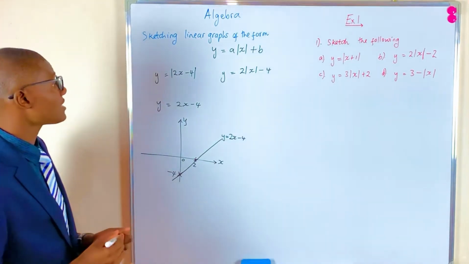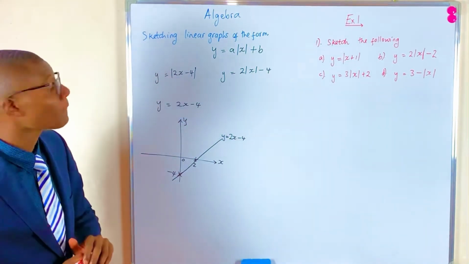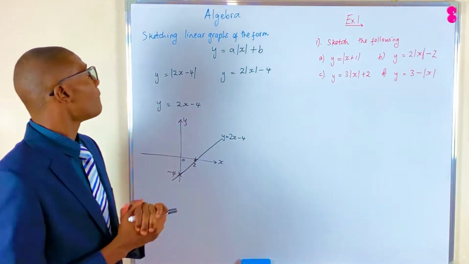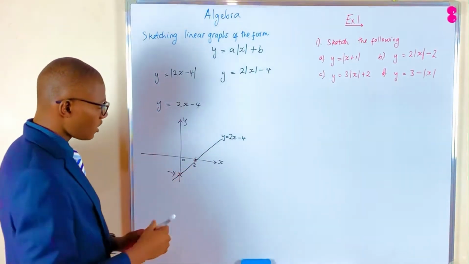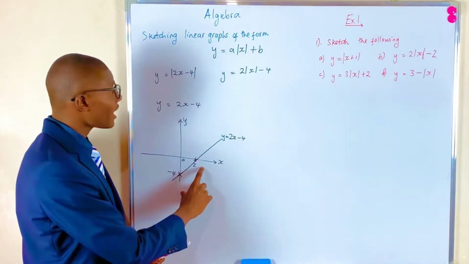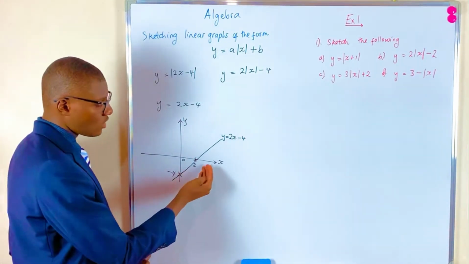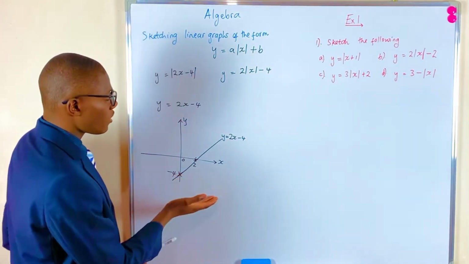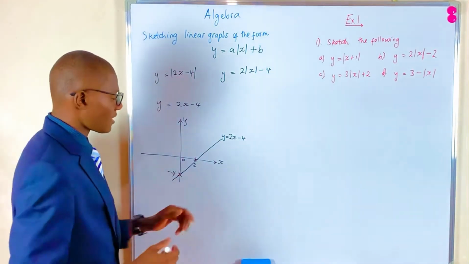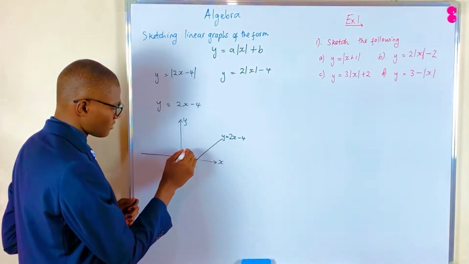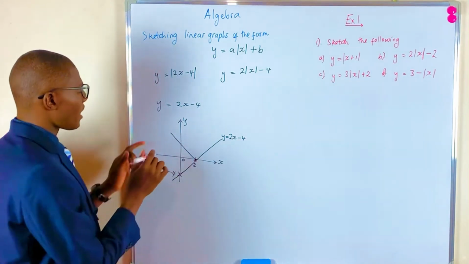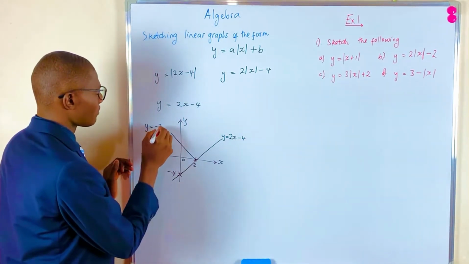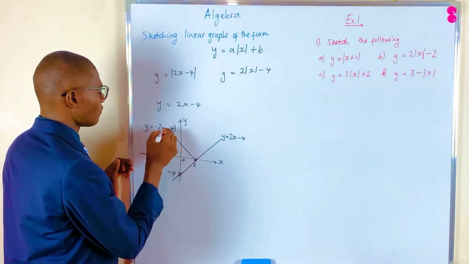Since this is the modulus of 2x minus 4, we only want the magnitude, which is the positive. So we reflect the part of f of x that is less than 0, in other words, that is below the x-axis, in the x-axis. So we reflect this, then it will be like this. This is for y is equal to minus 2x minus 4.